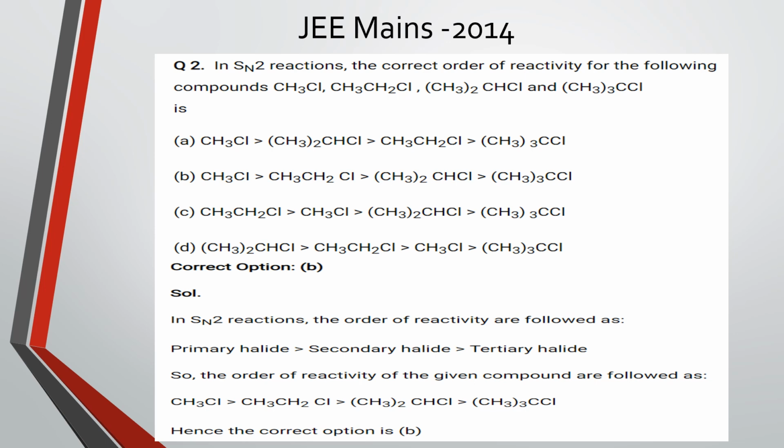Now here again we have seen that in SN2 reaction, the order of reactivity is: primary alkyl halides are more reactive as compared to secondary alkyl halides, and secondary alkyl halides are more reactive as compared to tertiary alkyl halides.